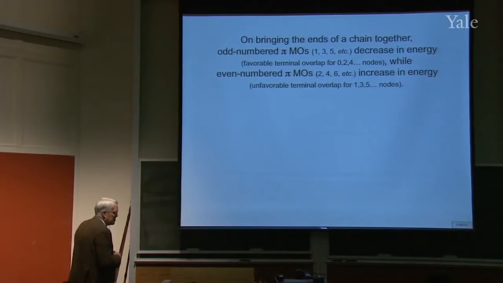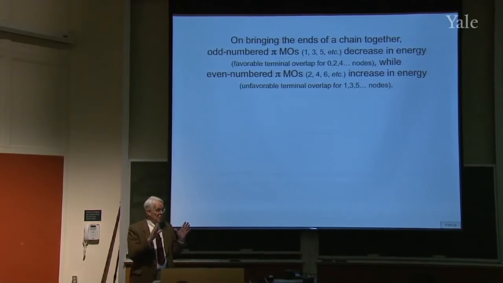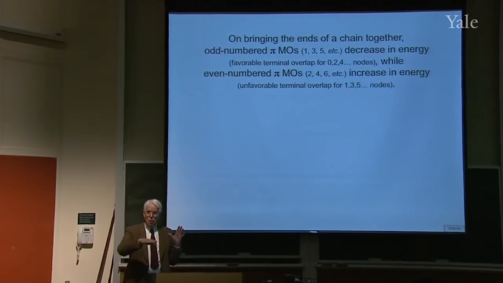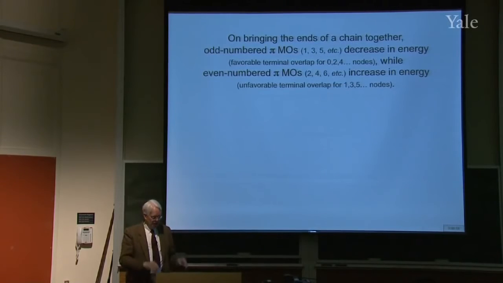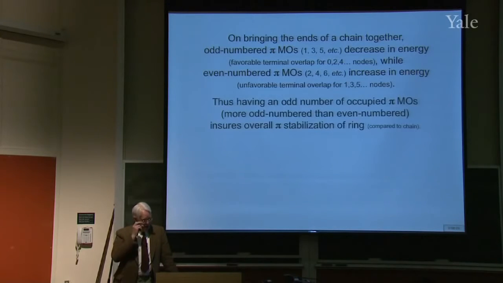So when you bring the ends of a chain together, the odd numbered MOs, 1, 3, 5, decrease in energy. Those have an even number of nodes, because the very lowest one, 1, has no nodes, right? Sorry for the confusion. While the even numbered ones increase in energy.